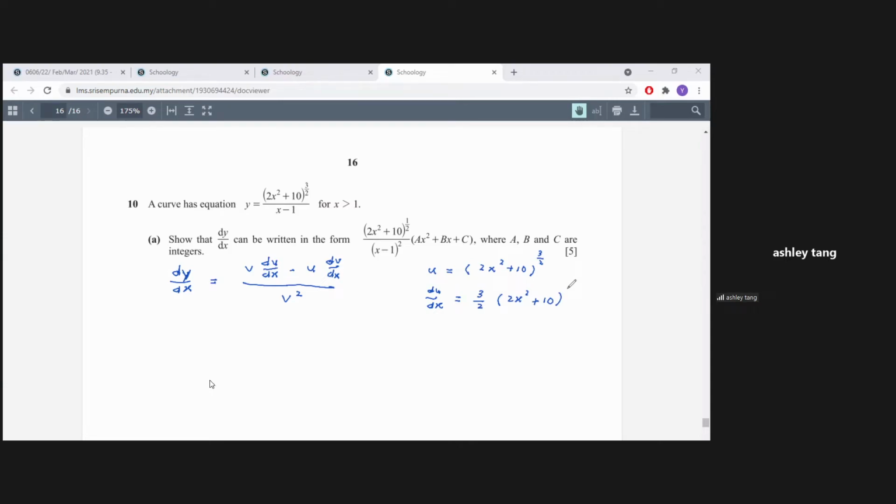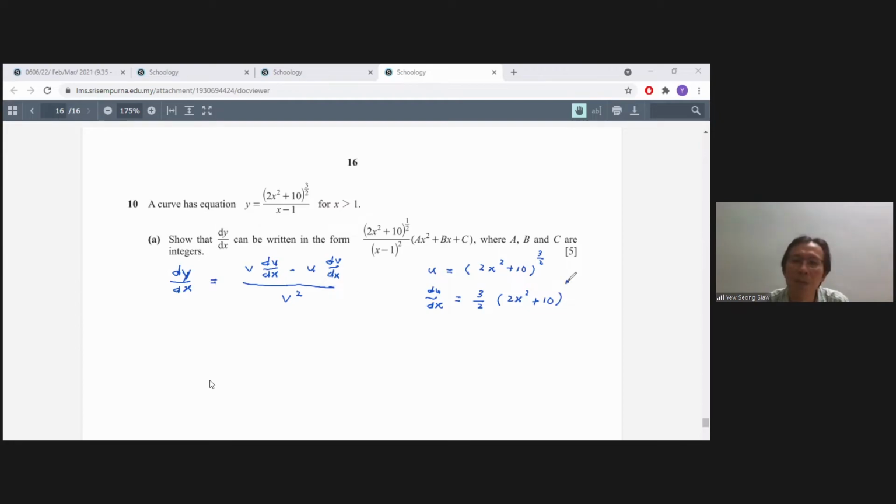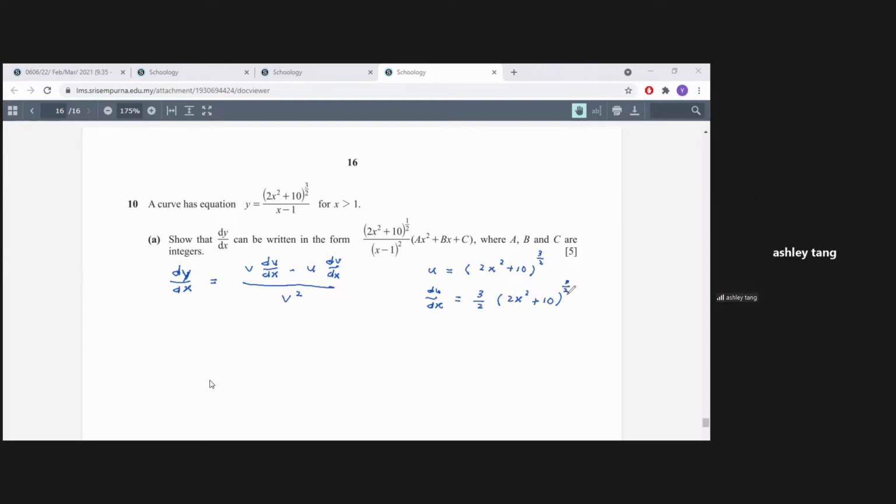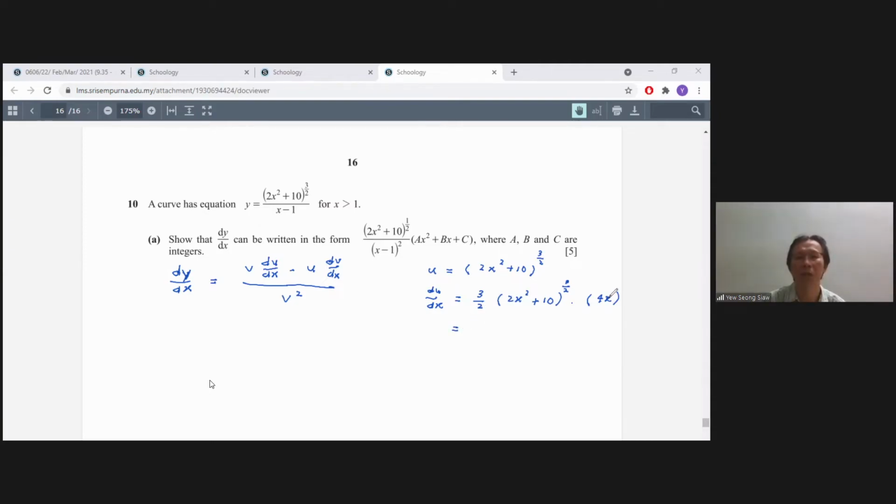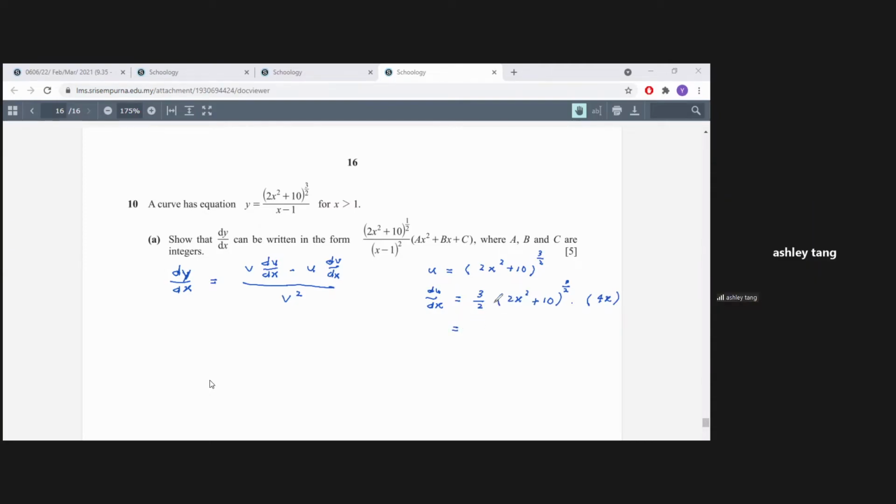So answer is 1 over 2 times 4x. Yes. And simplify 2 and 4. 6x.